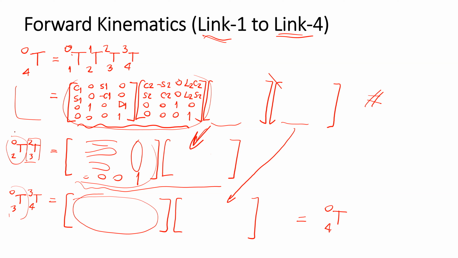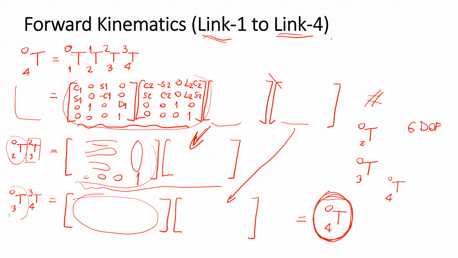Because in order to obtain the inverse kinematic, many times we need to come back to see what is the T2 per 0, what is the T of 3 per 0, instead of focusing only on the final metric. Many times for the 6 DOF, we need to check 2 per 0, 3 per 0, maybe 4 per 0.